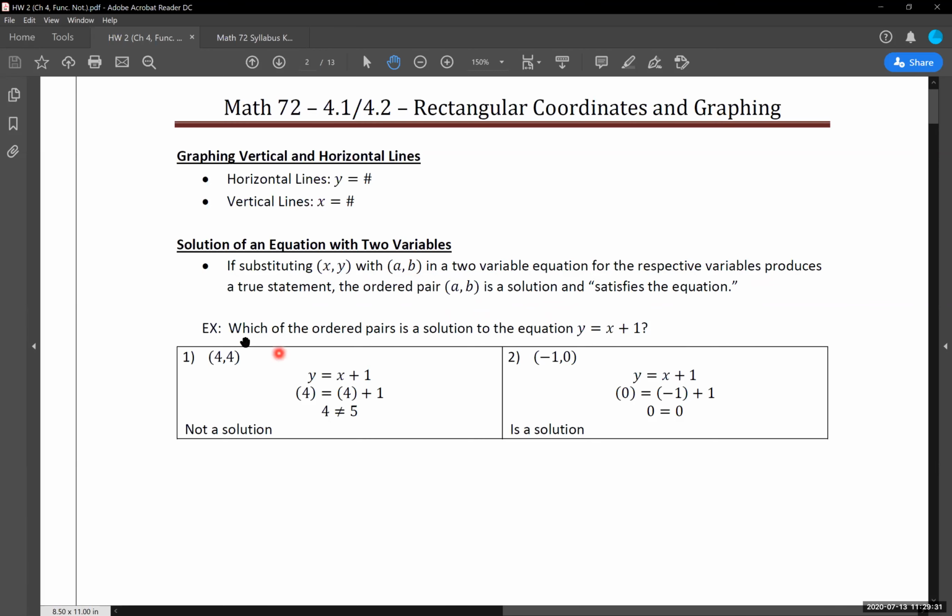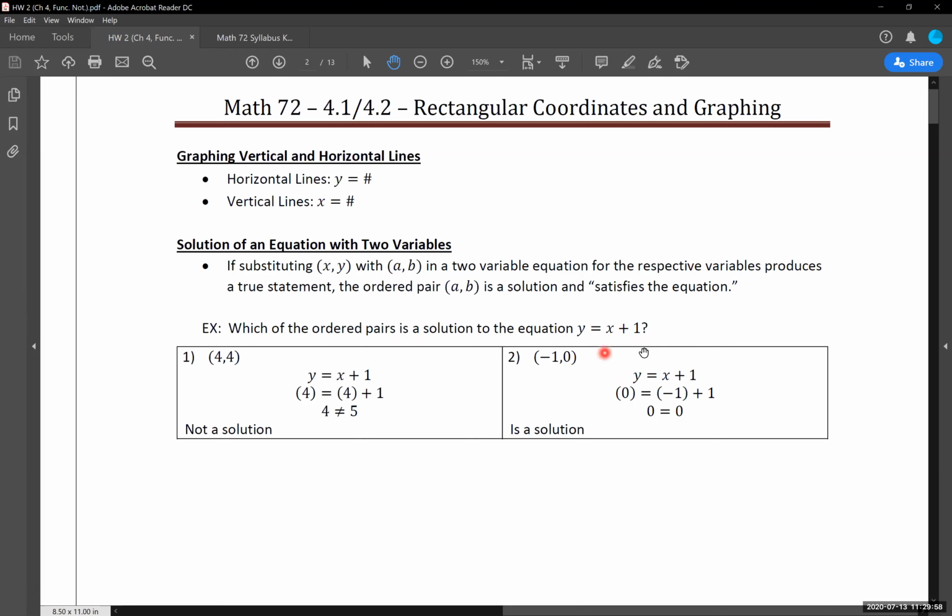In our example here, we're asked which of the ordered pairs is a solution to the equation y equals x plus 1. We could also be asked which of the ordered pairs satisfies the equation y equals x plus 1. So 2 ways that this could be written. They both mean the exact same thing. To solve these, we have to be given an equation.